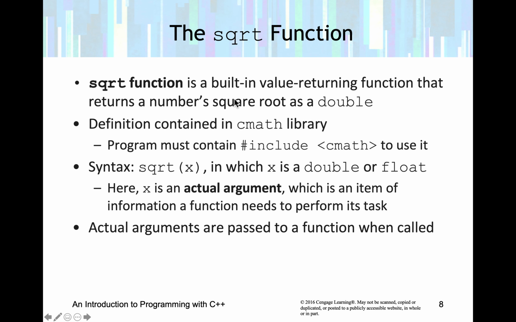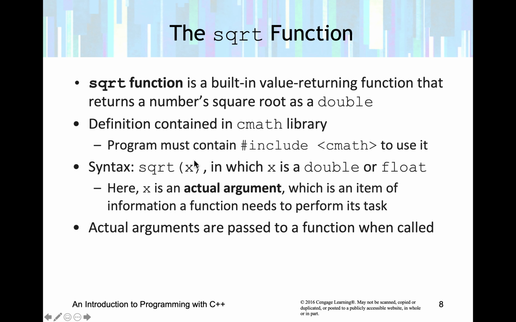The square root function is a built-in value returning function that returns the number's square root as a double. Its definition is also in the cmath library, so you also have to include cmath.